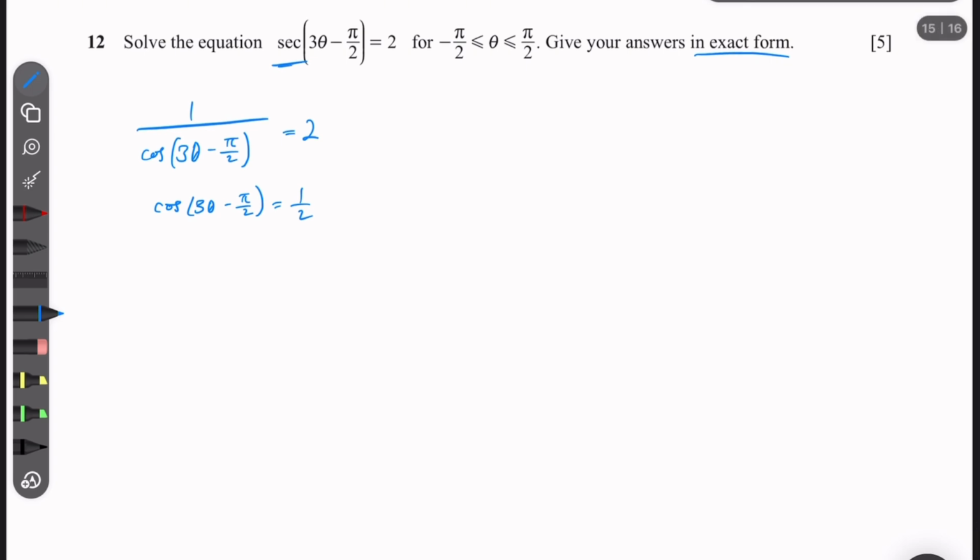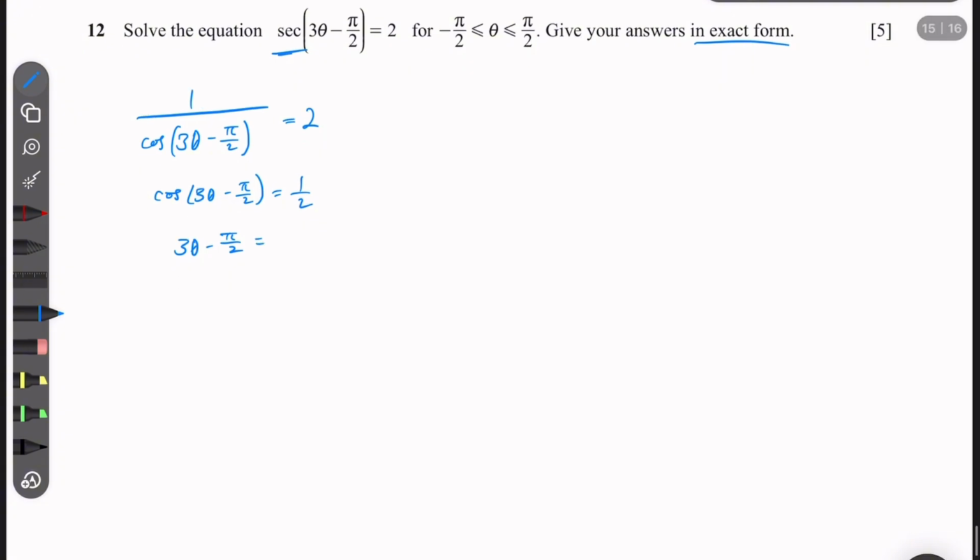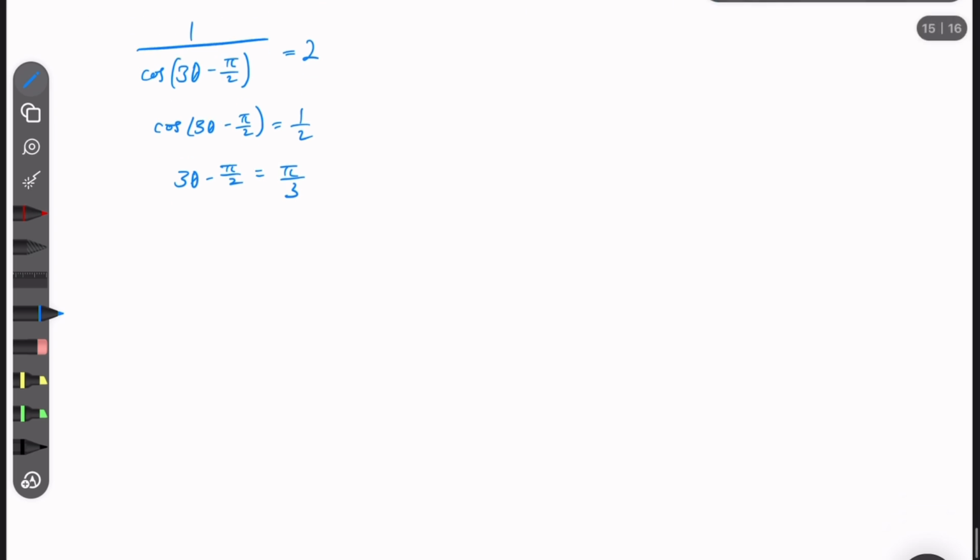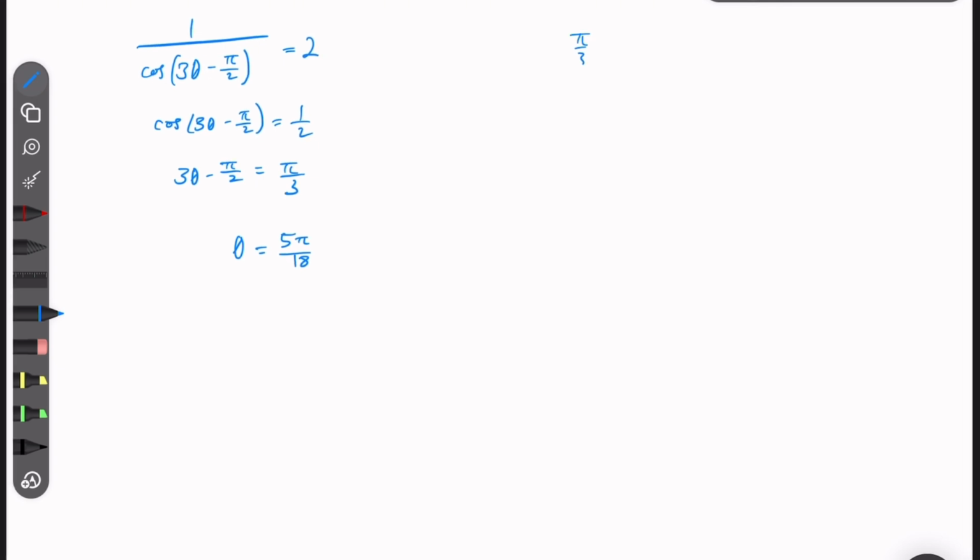Then do inverse of cos to get the base angle, which will be pi over 3. And then you can rearrange this to get theta, which should be 5 pi over 18 after pi over 3 plus pi over 2, divided by 3. This will give 5 pi over 18.